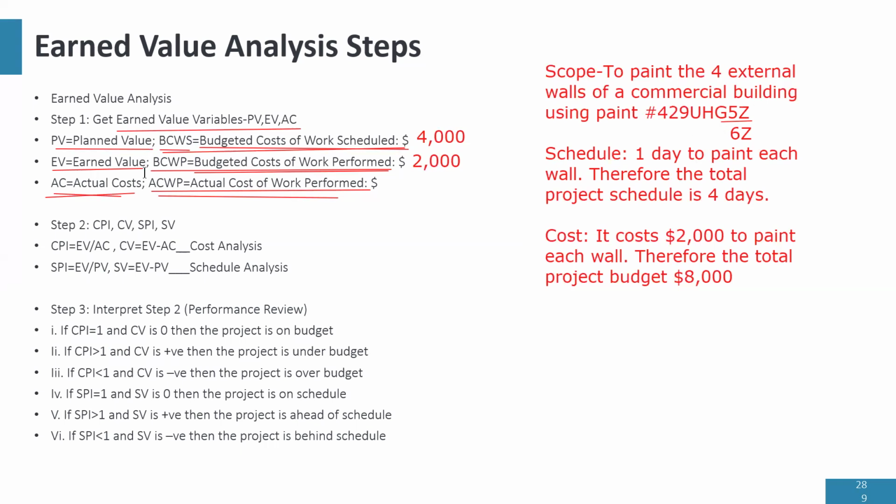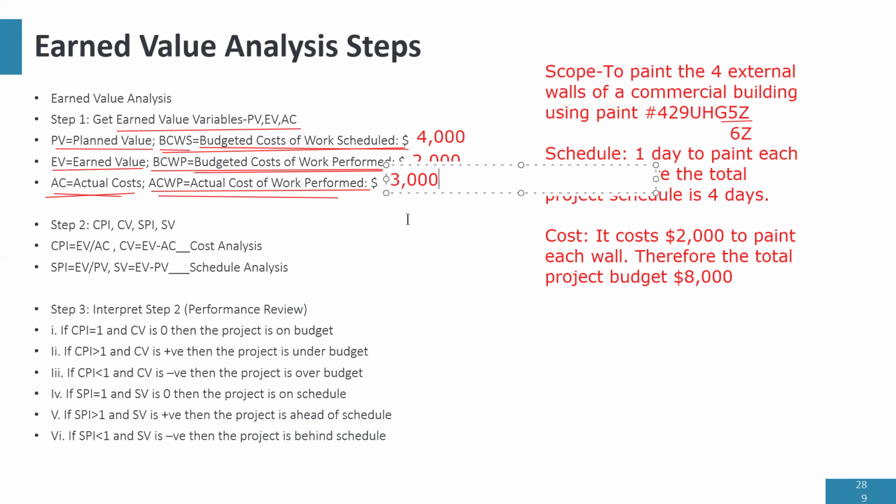The question is, what is his actual cost for the work performed? If it cost him $1,000 more than budgeted, how much is that? 3,000. Mm-hmm. So the moment we can get EV, PV, AC, we are in business.